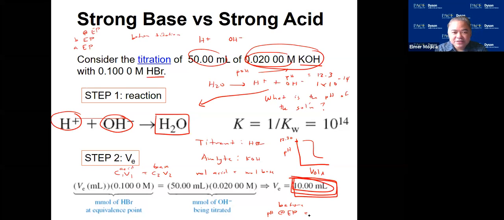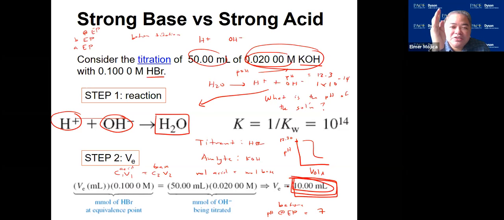To those who have not answered yet, okay? So the pH for this is 7. So what does it mean? Anything that is before the equivalence point is a volume that is less than 10 ml. So 10 ml is just like our boundary.